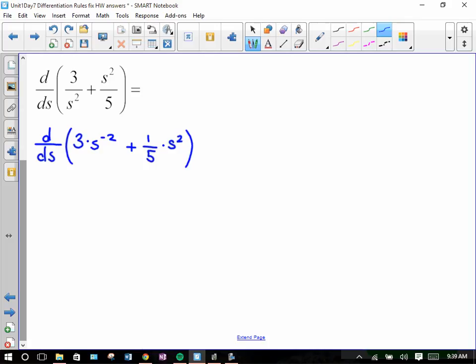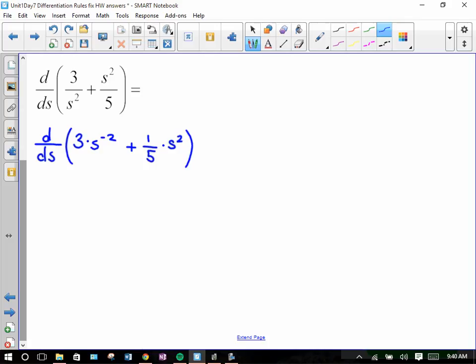One property of exponents says that if you have a positive exponent in the denominator, you can move it up into the numerator and it becomes a negative exponent. The reason we do that is because right now we don't have the tools to take this derivative without it. So we do the exact same thing.